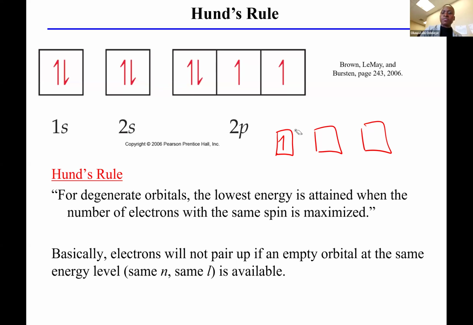I would have to first fill every orbital, right? If we have an empty orbital, and I have the electrons to put in there, I have to do that. If I don't have electrons, it is what it is. But if I have electrons, I have to first put one at a time to fill the orbitals. Okay, so those are the 3 rules that govern what we do in terms of electron configurations.